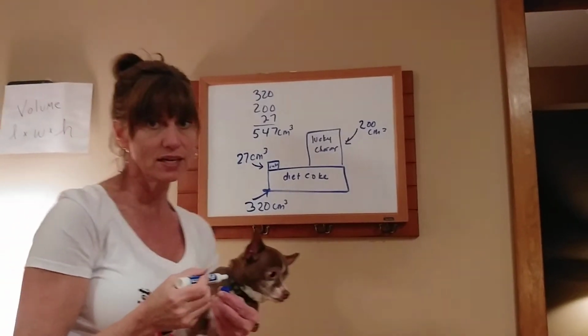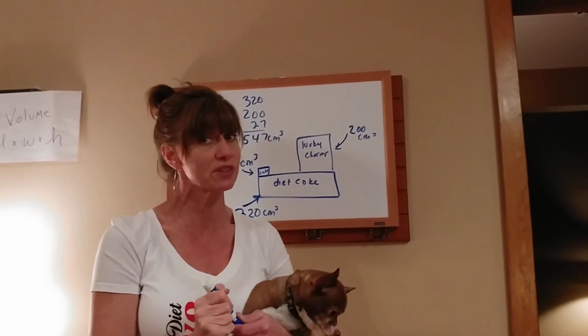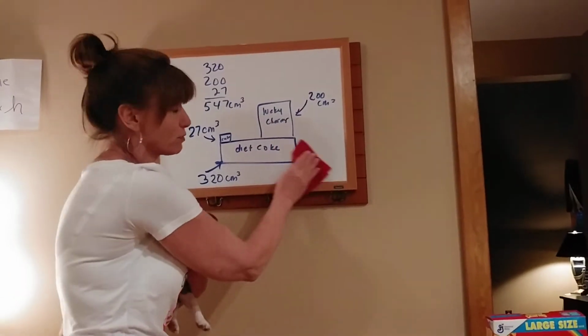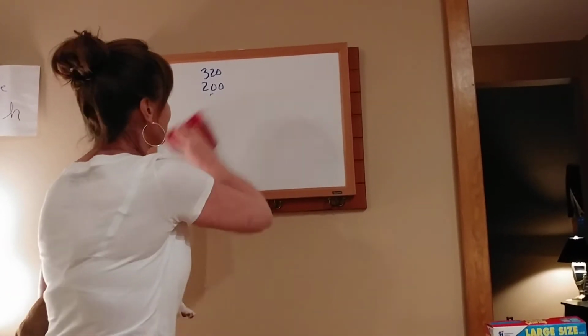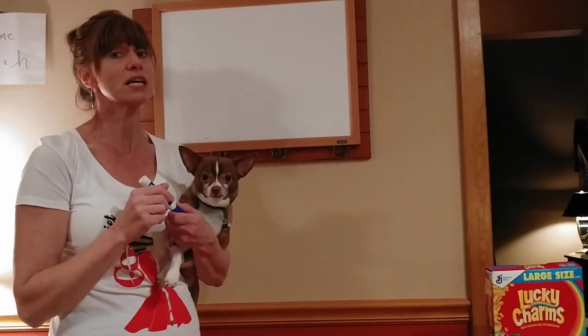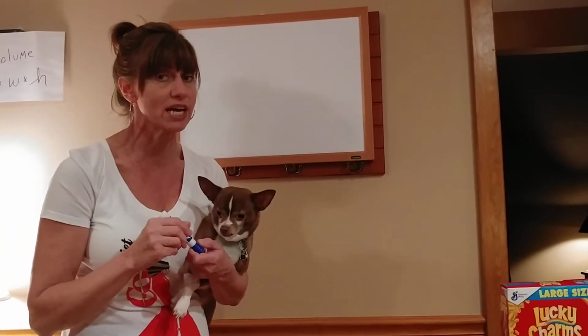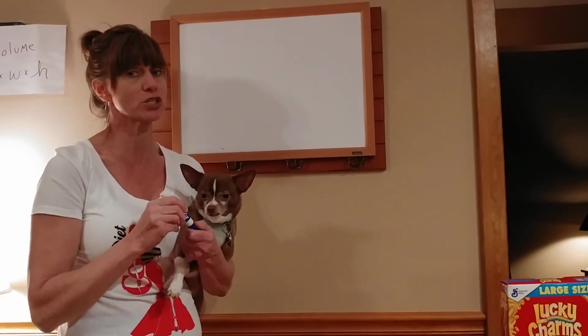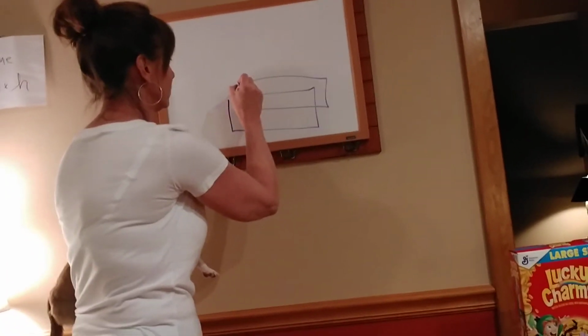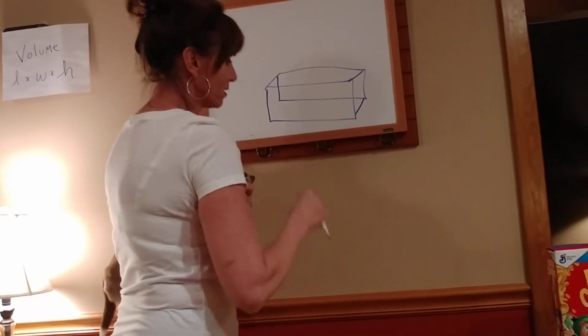And then, if you want to earn some extra credit points for this week's work, you can do this. This is going to be a challenge for some of you, but some of you might take on the challenge well. I want you to actually draw me the composite figure using three-dimensional drawing. So, this was my Diet Coke container. That is terrible.